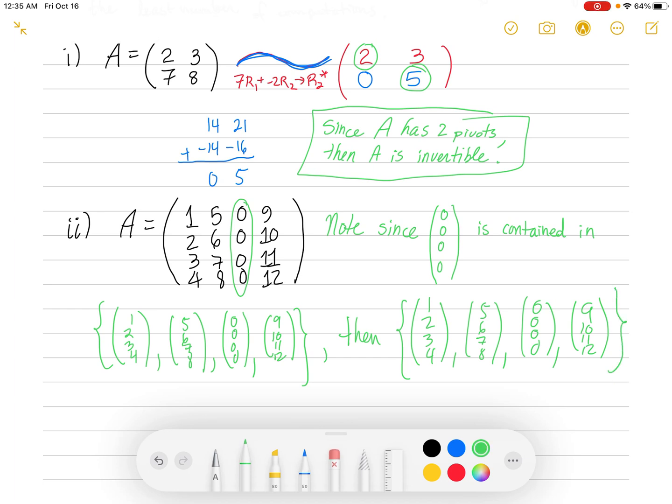So since the zero vector is contained in this set, then this set is linearly dependent. Now, what does that mean? If the set of vectors is linearly dependent, well, remember, A is invertible if and only if the columns of A are linearly independent. So if the columns of A are linearly dependent, that means A is singular rather than invertible. So thus, A is singular.